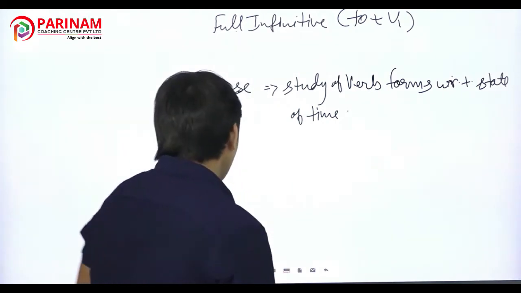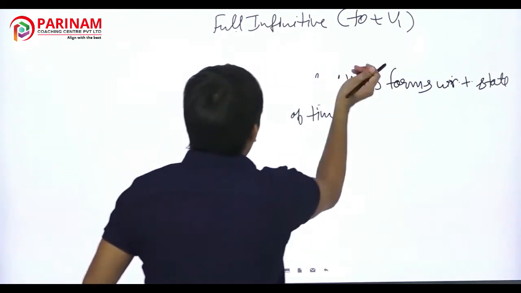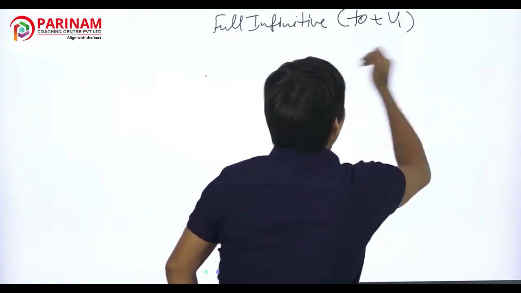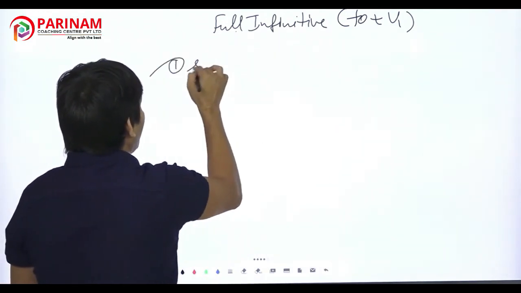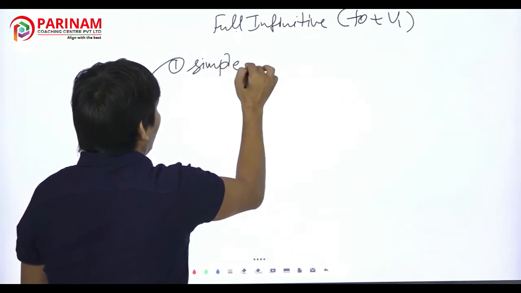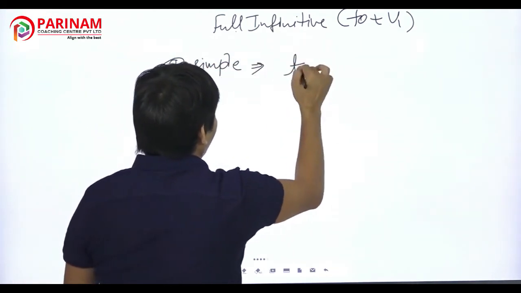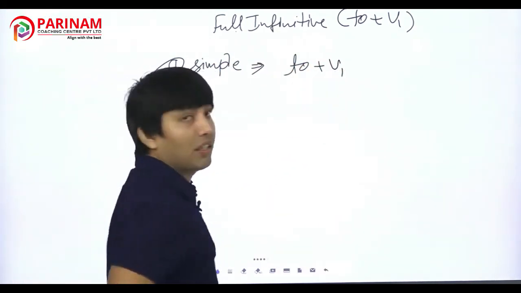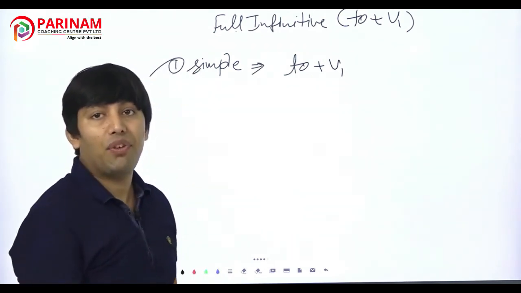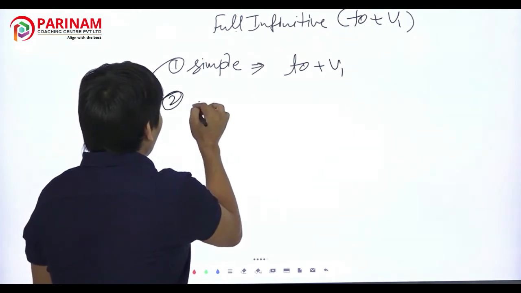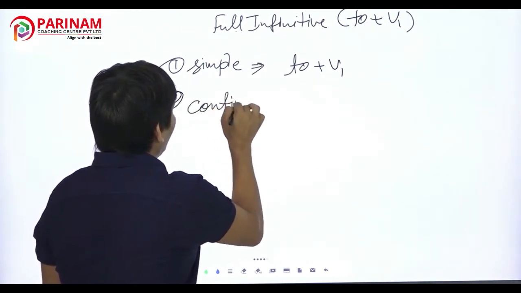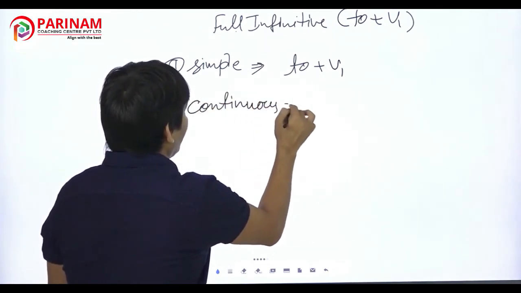Okay. I think you didn't get it. Let me write over here. See. Its first form is simple. Its simple form is, as you can see it, to plus V1. The second tense is continuous.